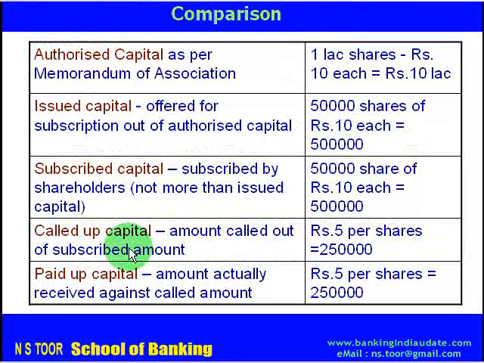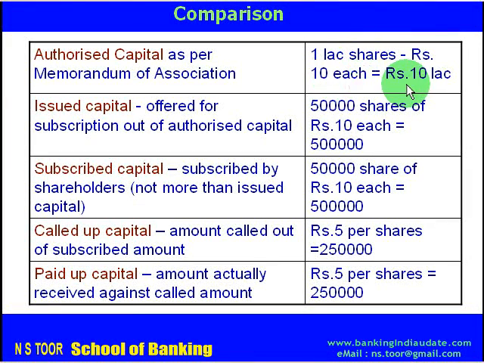Now, distinction between these terms. Authorized capital is as given in the memorandum of association. This is the maximum amount. Here we have given the example: 1 lakh shares, rupees 10 each.